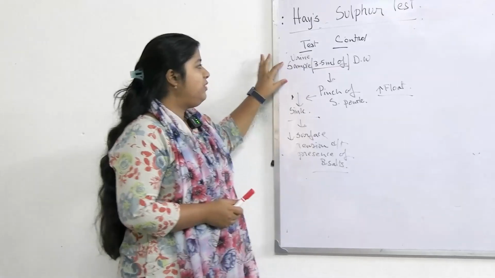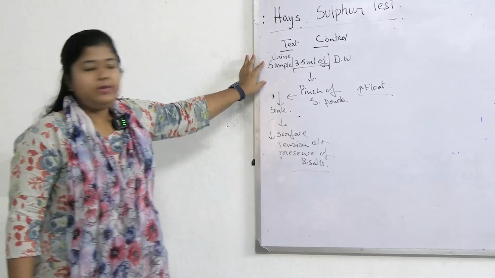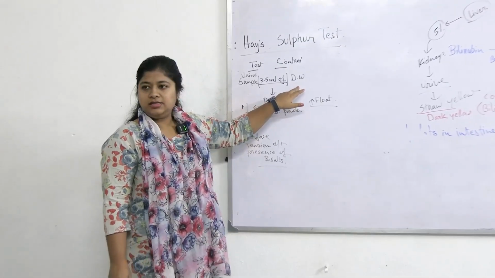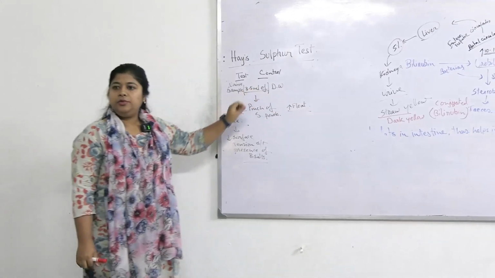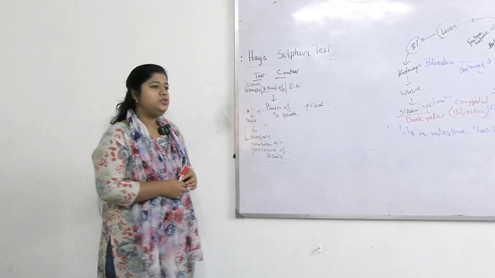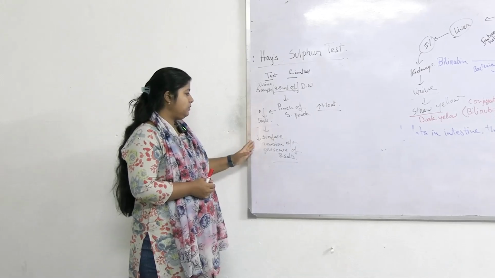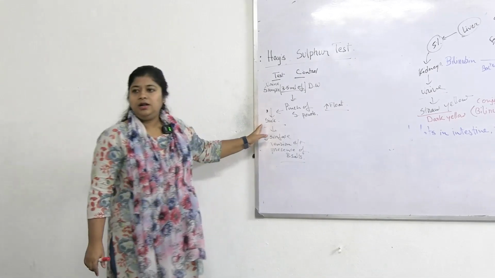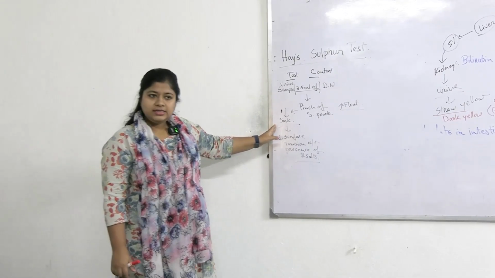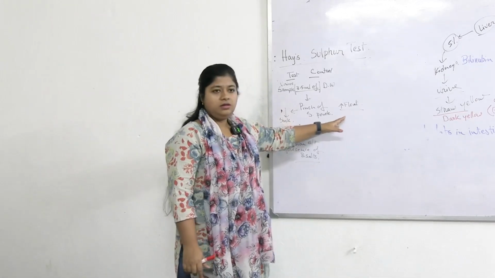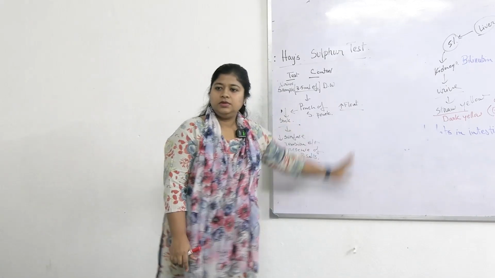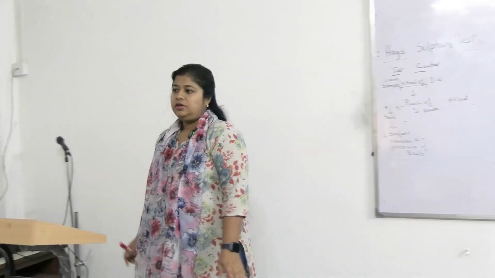So in the test tube, we will take 3 to 5 ml of urine sample. In the control test tube we will take distilled water, the same amount, and in both test tubes we will add a pinch of sulfur powder. Immediately the sulfur powder will sink in the test tube and it will remain floating in the control test tube. And why do we take control?